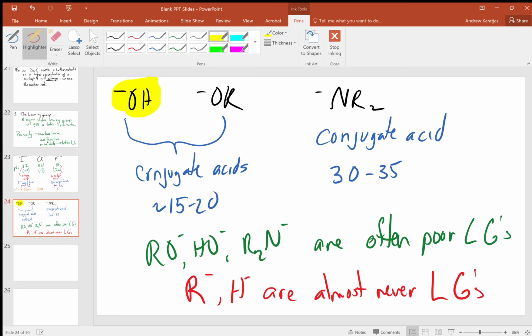And so we will learn a lot of reactions that go back and forth through different oxygen-containing functional groups, or where we need to be able to add or remove oxygens. And so in order to do that, sometimes we need to get oxygen to function as a leaving group.